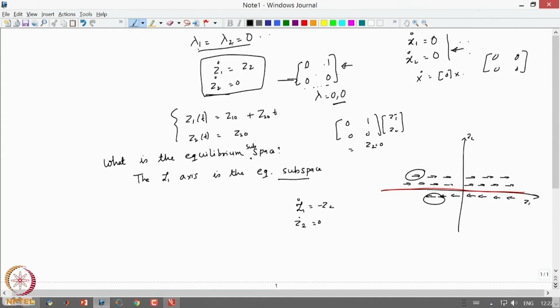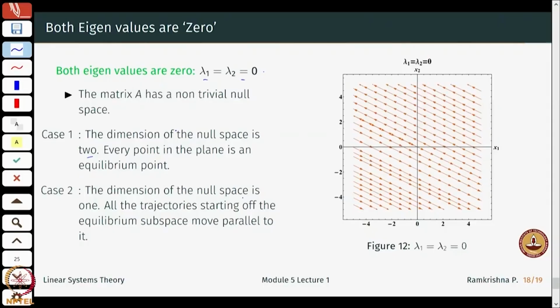So, to summarize, when both lambda 1 and lambda 2 are equal to 0, in case 1 the dimension of the null space is 2, again depending on the Jordan form, and in case 2 the dimension of the null space is 1. If I were to plot in general in an x1 x2 plane, the equilibrium subspace could be somewhere like here passing through the origin.